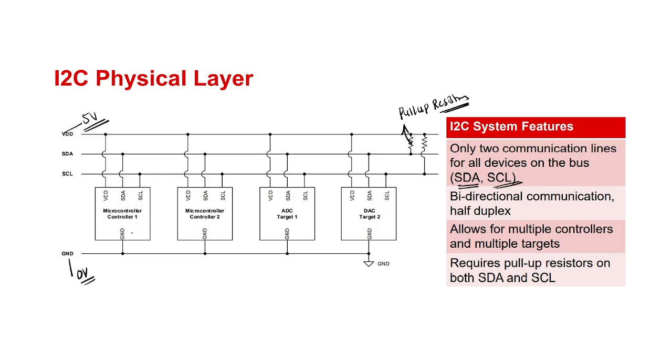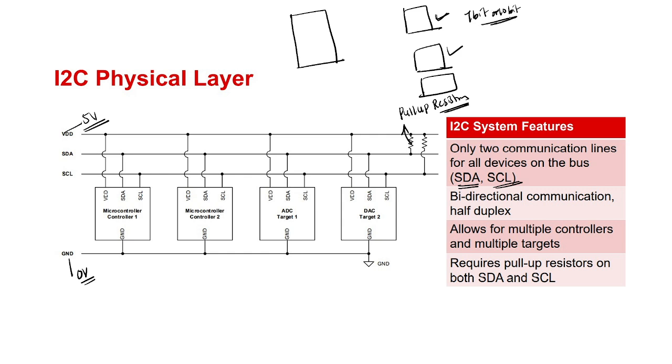Here you have multiple masters and multiple slaves. How to identify multiple slaves? Each slave has a specific address, that is a 7-bit address, or it can be 10 bit also.